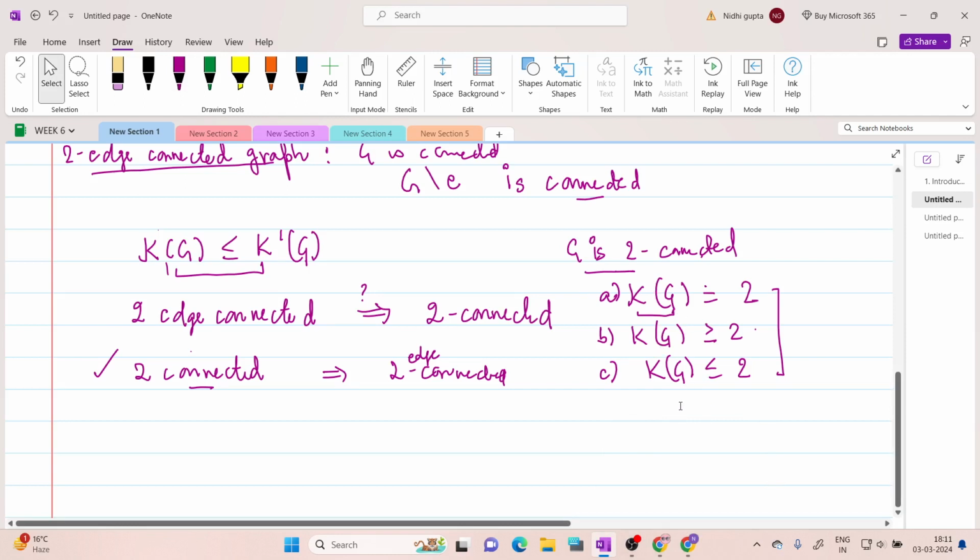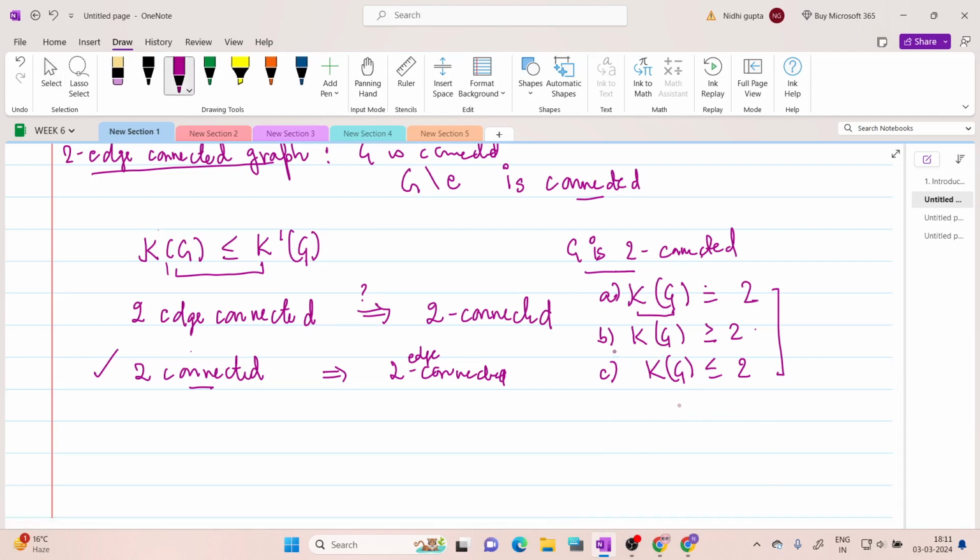B is true, ma'am. Yes. So if G is 2 connected, we get that κ(G) is greater than or equal to 2, because vertex connectivity is the largest K for which this holds.